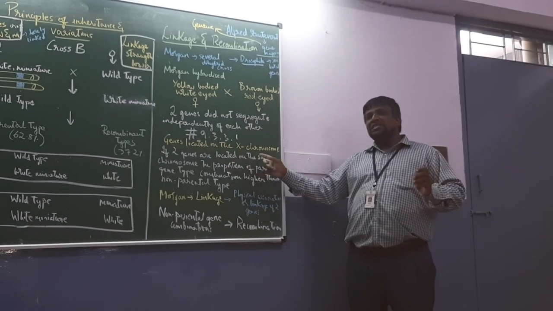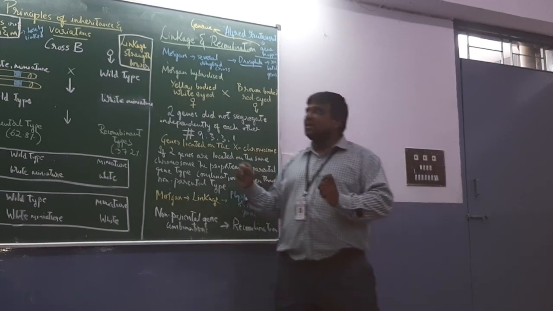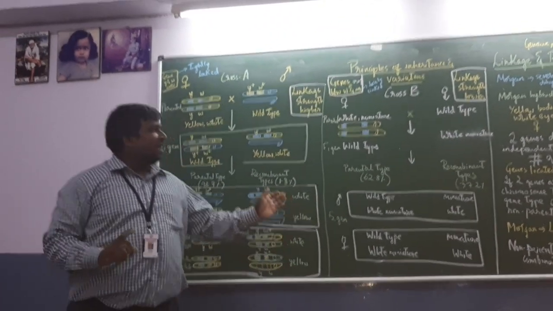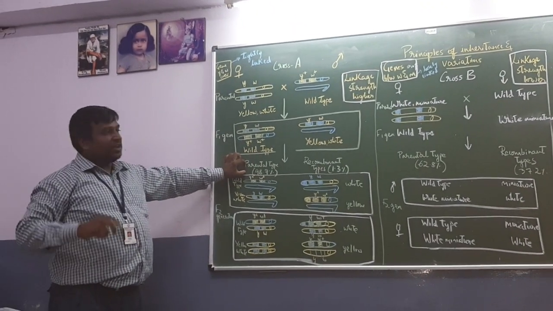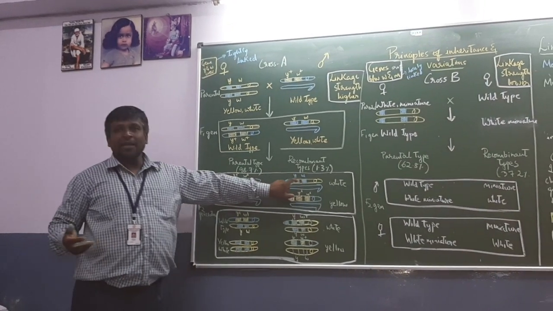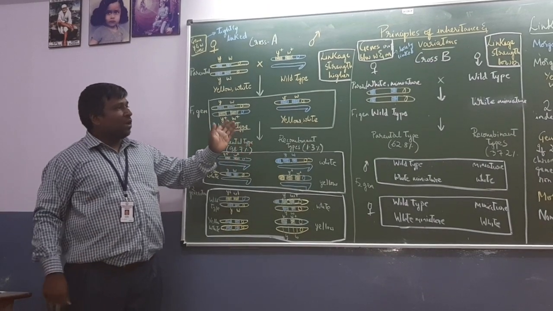If two genes are located on the same chromosome, the proportion of the parental gene type will be higher than the non-parental type. The non-parental type we call recombinant types. So what does it state?